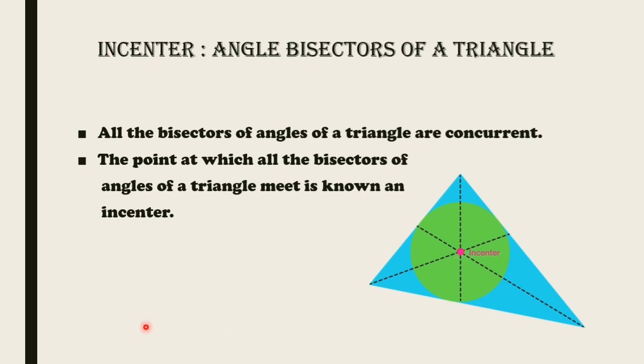So this point is nothing but its incenter. The point at which all the bisectors of angles of a triangle meet is known as the incenter.